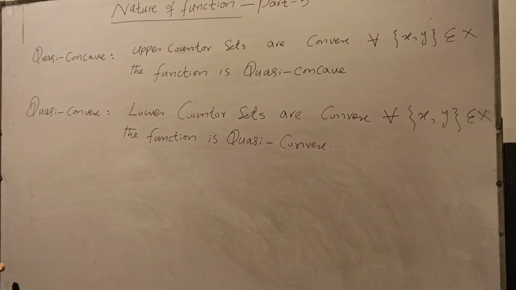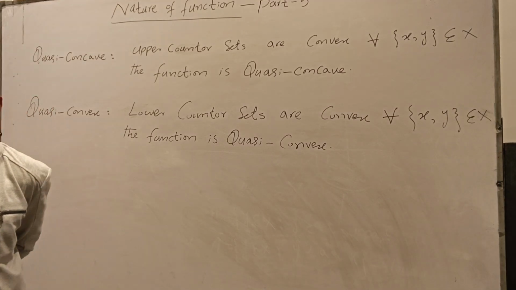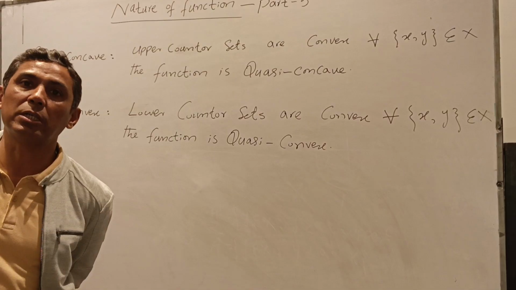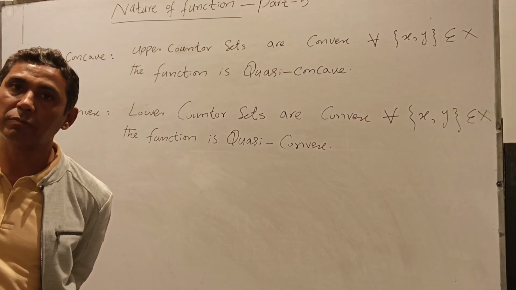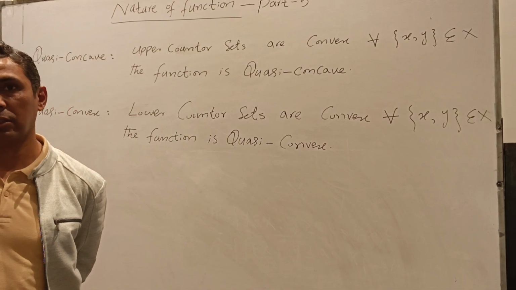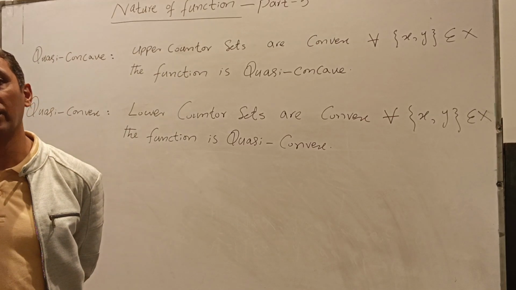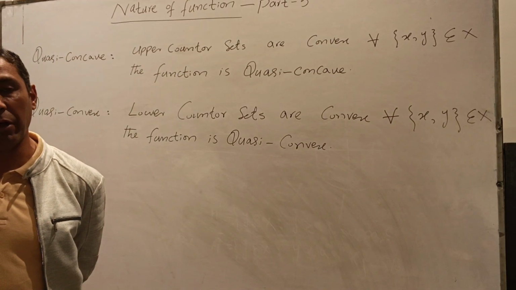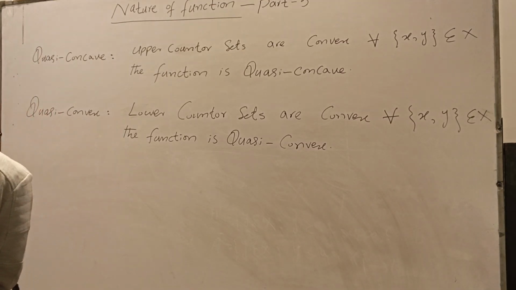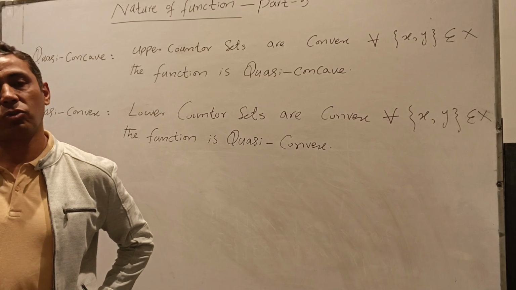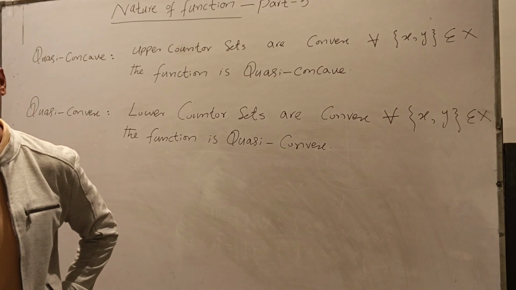So if, for example, I give you a question that you have to prove that the function is either quasi-concave or quasi-convex, and you have proved that your function is convex, then it must be quasi-convex. And similarly, if you have proved that the function is concave, then it must be quasi-concave.